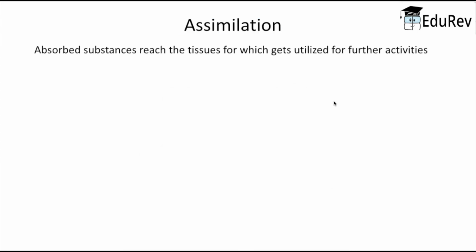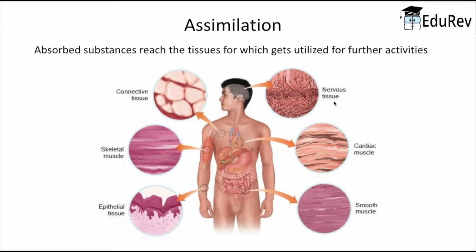Now coming to the assimilation part, the absorbed substances which reach the blood get transported throughout our body and get distributed to the different tissues present in our body, such as nerve tissue, cardiac muscles, smooth muscles, epithelial tissue, skeletal muscle, connective tissue.